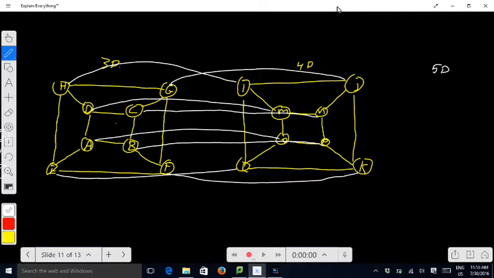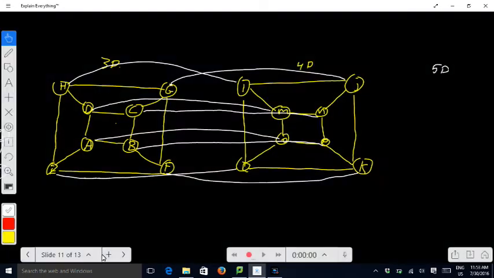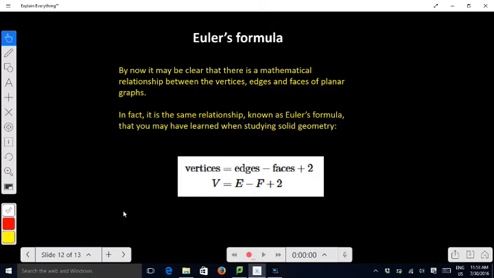We're good at visualizing three-dimensional, not so much four-dimensional and so on. So that's essentially that example.